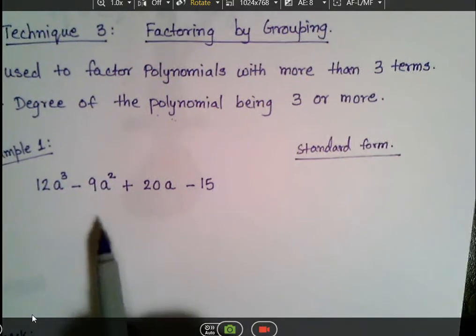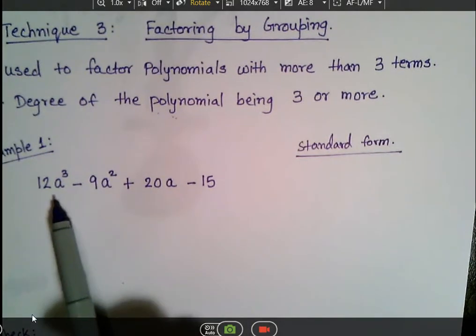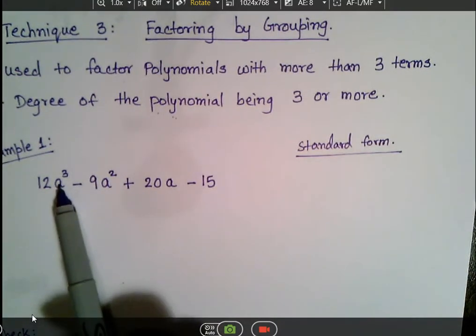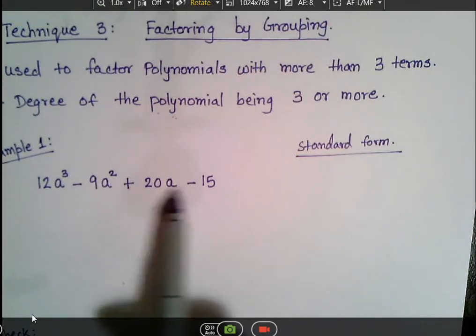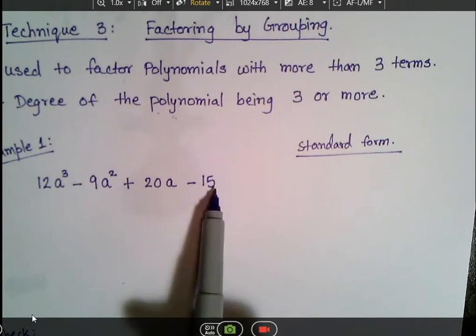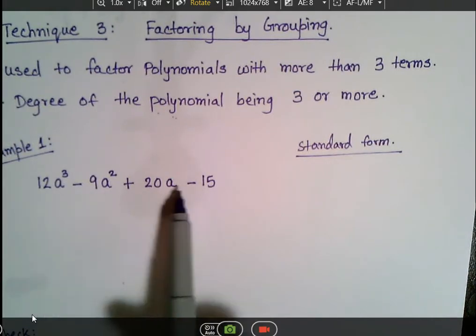Putting it in standard form is arranging all the terms from the highest degree to the lowest degree. So degree 3, degree 2, degree 1 and degree 0. That's putting it in standard form.